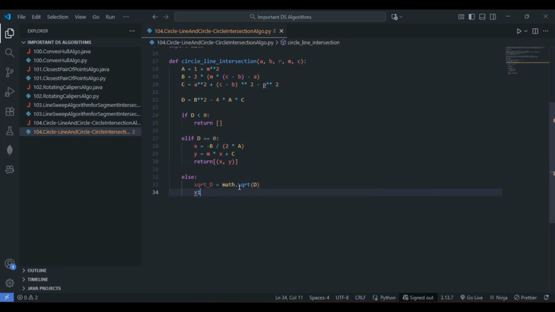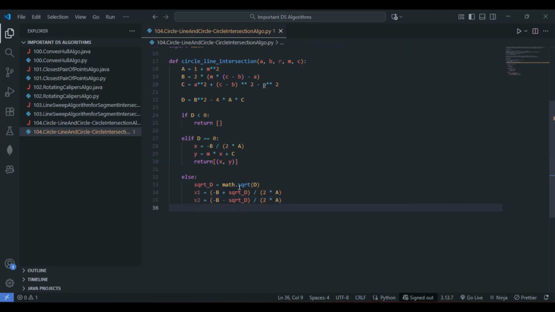Next, let me assign x1 to minus b plus square root of determinant, by 2 into a. And next, let me go with x2 equals minus b minus the square root of d, by 2 into a.